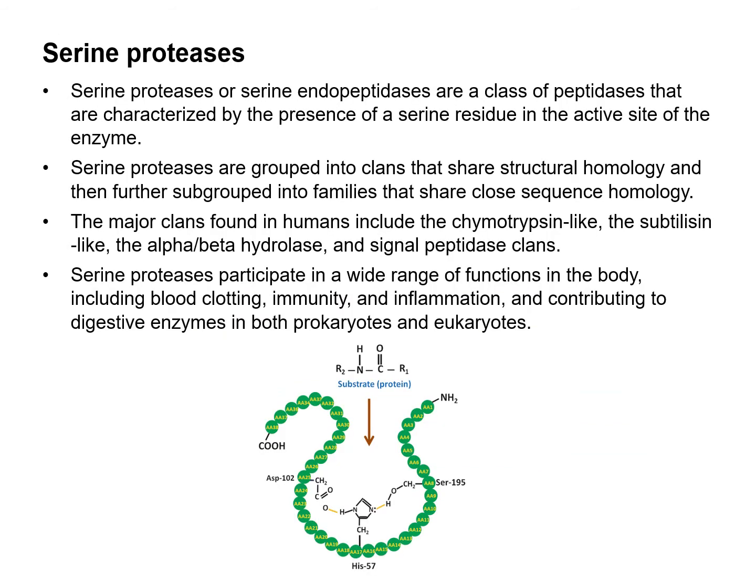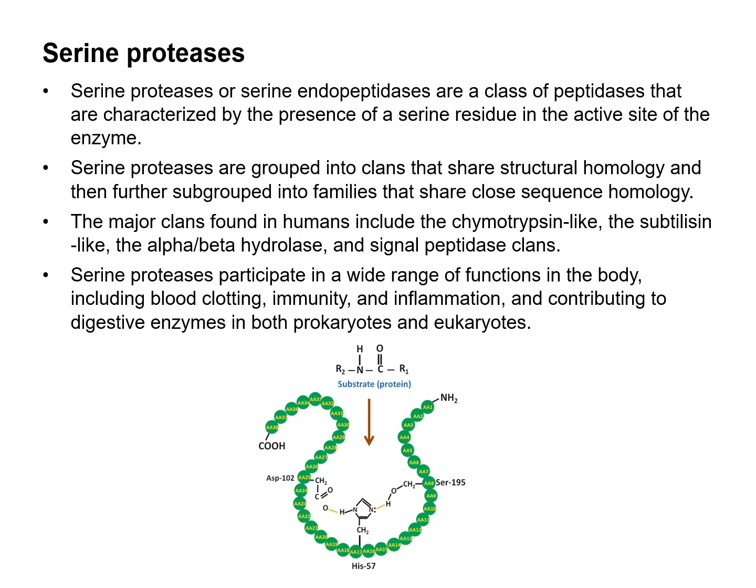So far we talked about different types of enzymes. Now let's discuss their mechanisms in depth. A good example would be the serine proteases, which have been extensively studied. Serine proteases, also called serine endopeptidases, are a class of peptidases characterized by the presence of a serine residue, especially serine 195, in the active site of the enzyme. Serine proteases are grouped into clans that share structural homology, and then further subgrouped into families that share close sequence homology.